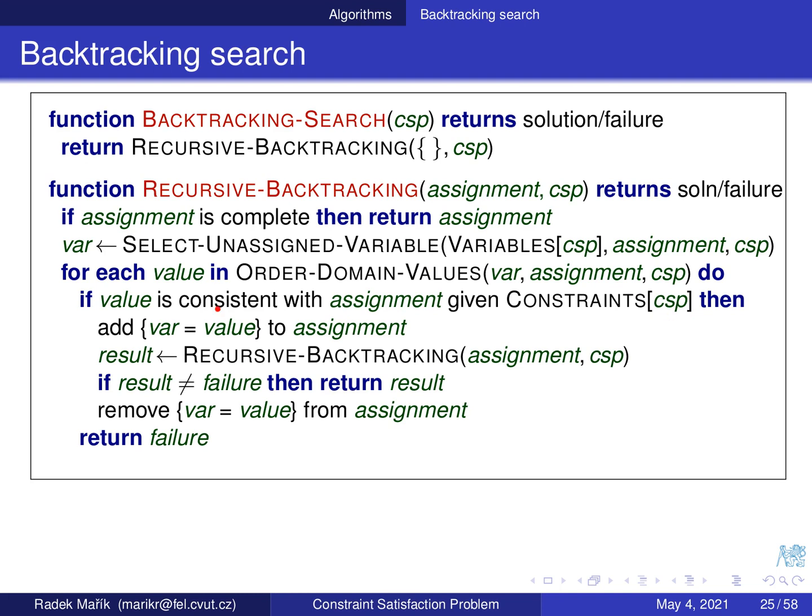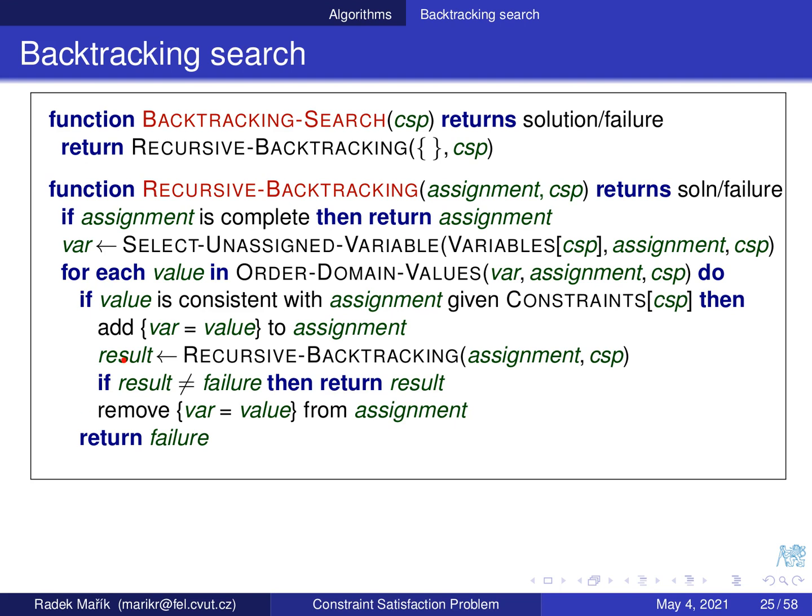If it is consistent, then we add that variable and value pair to the assignment, and we call the next level of this function. If the result returned is different from failure, then we return the result.